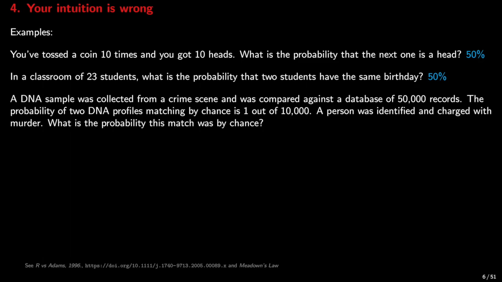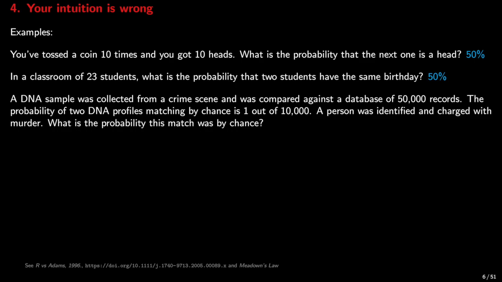The third example is a lot more important, and it goes as follows. A DNA sample was collected from a crime scene and was compared against a database of 50,000 records. The probability of two DNA profiles matching by chance is 1 out of 10,000, so fairly low.